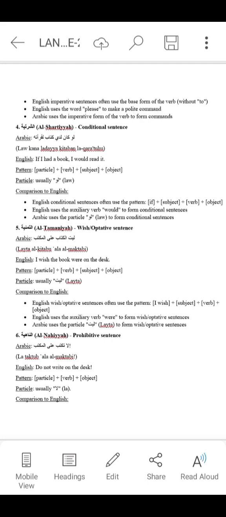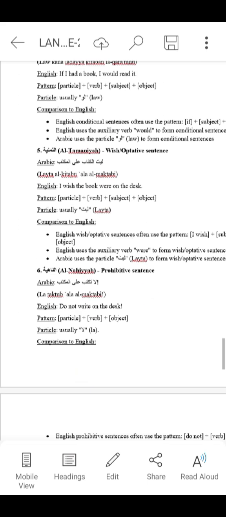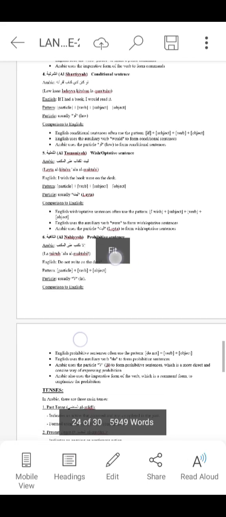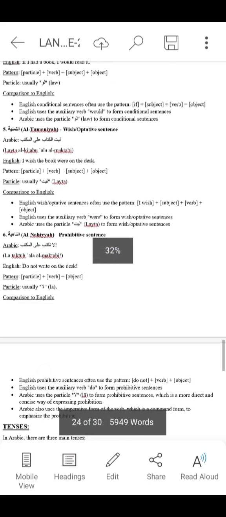So it follows the pattern particle, verb, and then object. The example is La taktaba Ali al maktab, like do not write on the desk.